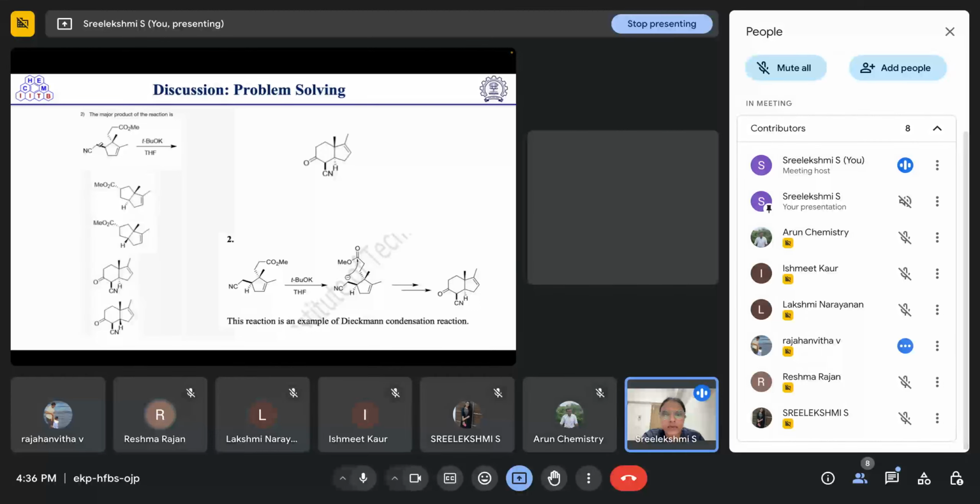The CN is already here, in the beta position. This proton is eliminated, right? Yes, it's eliminated. And this methyl also the same. So C will be the correct answer.